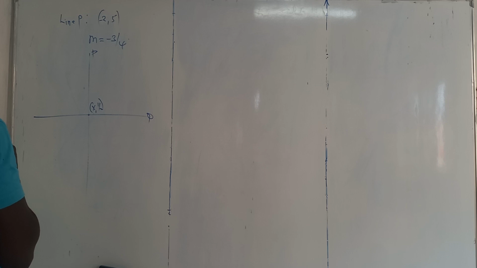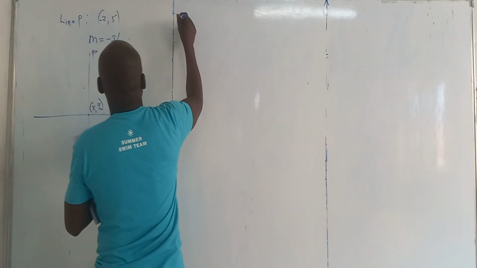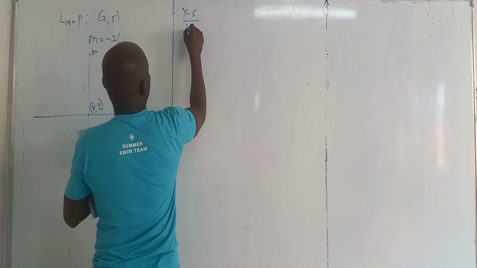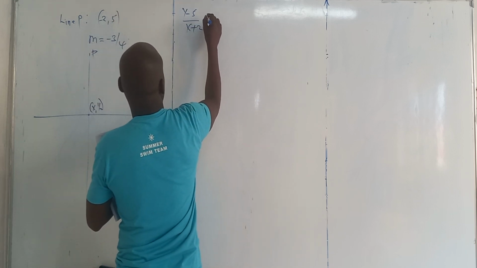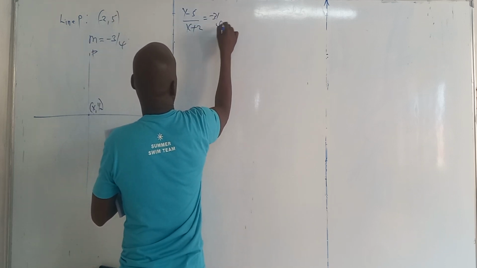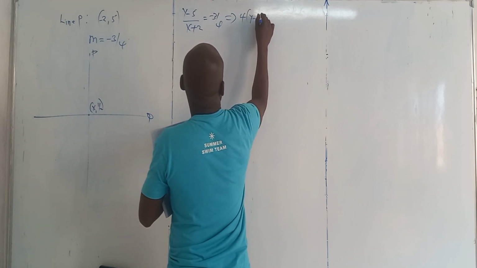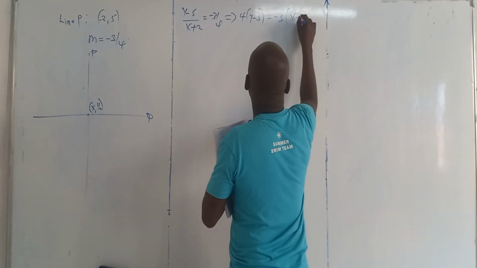First let me see what the line P will look like. The line P is (y minus 5) over (x plus 2) equals minus 3 over 4, implying that 4 into (y minus 5) is equal to minus 3 into (x plus 2).